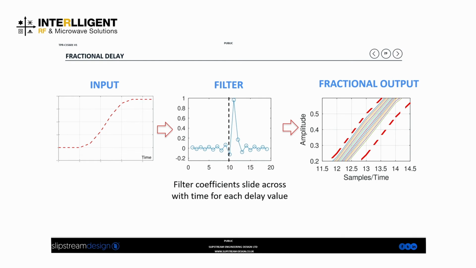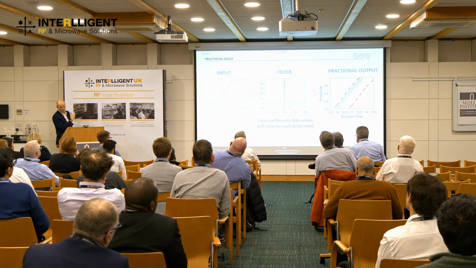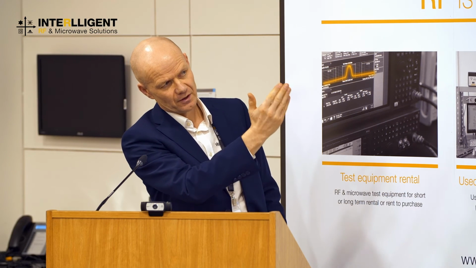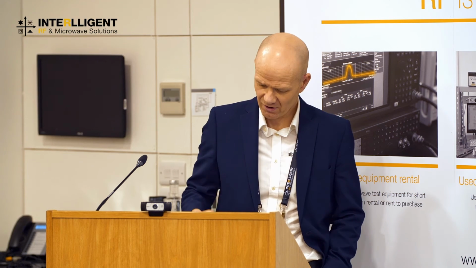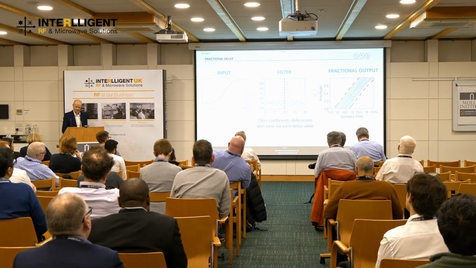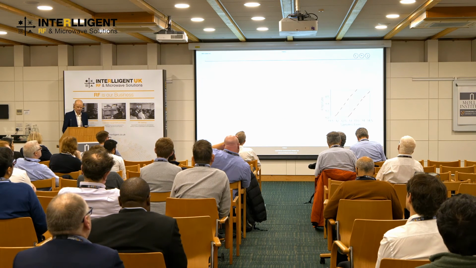And as we slide it along, zoomed in here on the right on the leading edge of the output, we can achieve almost an arbitrary level of fractional delay on that leading edge of the pulse. So there we've achieved our aim of implementing fractional delay.